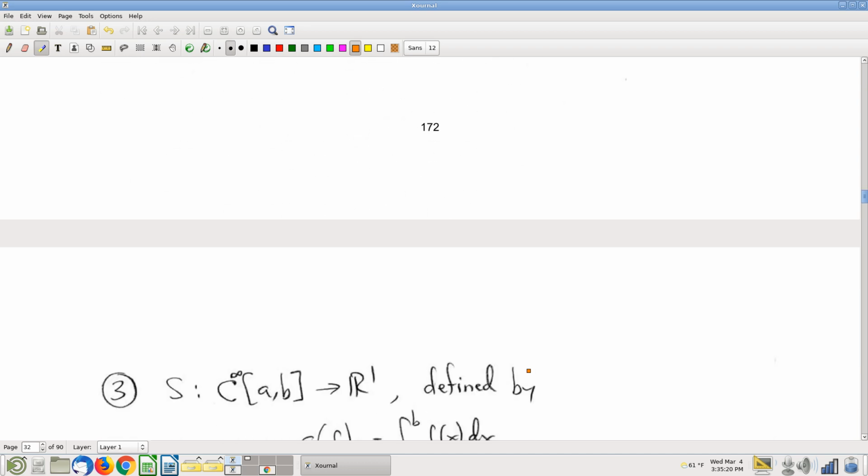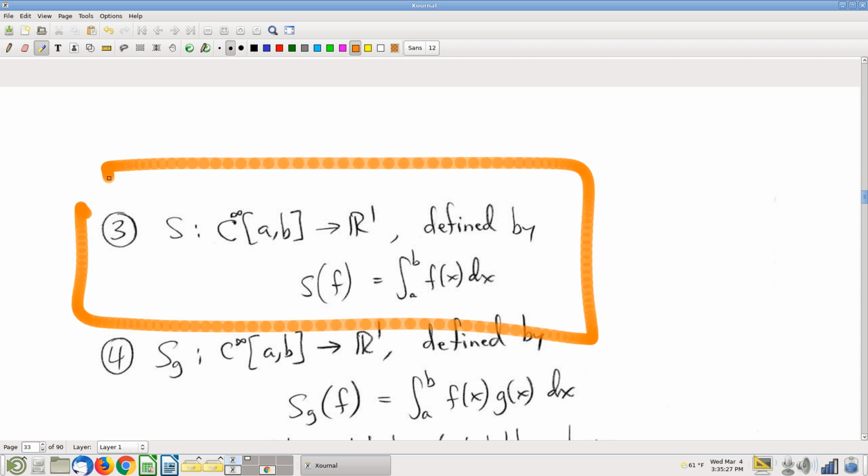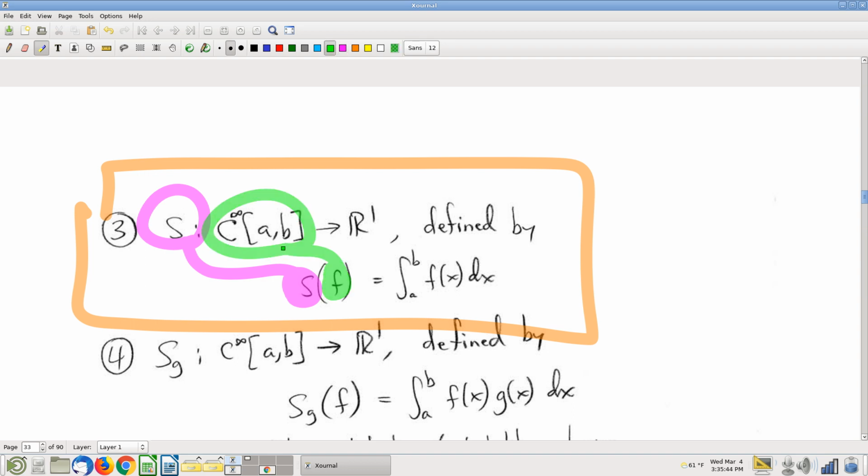Okay. Next one. Actually, there's two in a row here that we're going to talk about. Start with this. This is a weird function I'm going to introduce, sort of an operator. This thing I'm calling S. The claim is that it's a linear transformation. This is a linear transformation that acts on, as I'm defining it here, C infinity functions, infinitely differentiable functions.